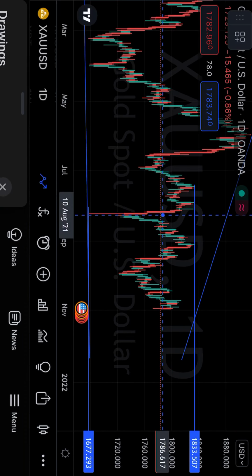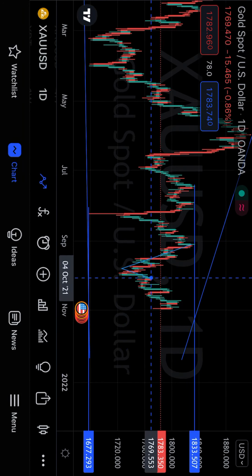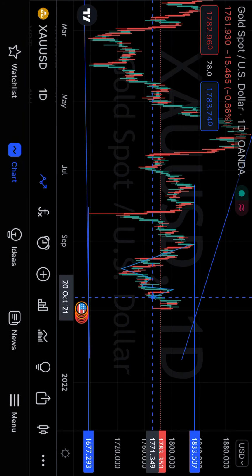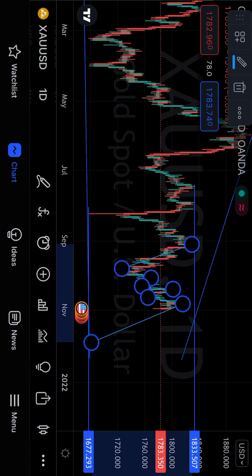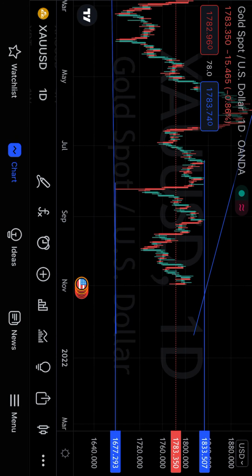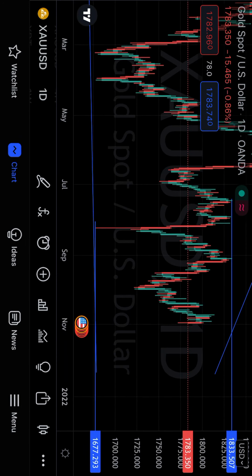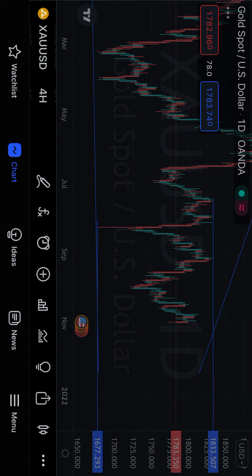There is this impulse and there is this correction, right? I won't really say that that's an impulse, but yeah, it looks like it. So let's go down to the H4 time frame.